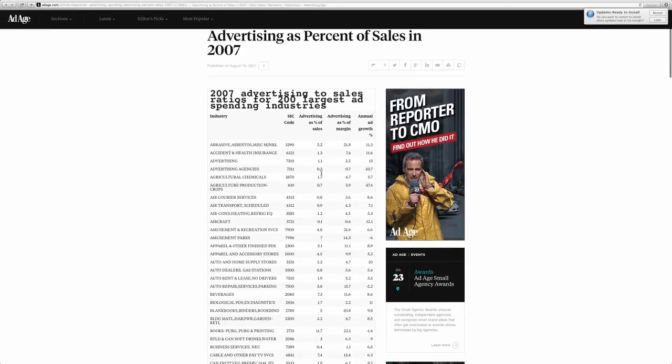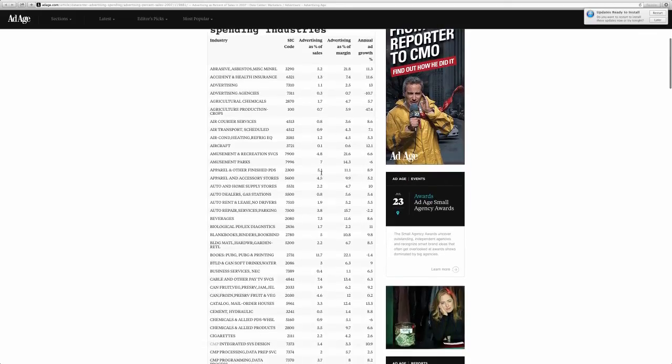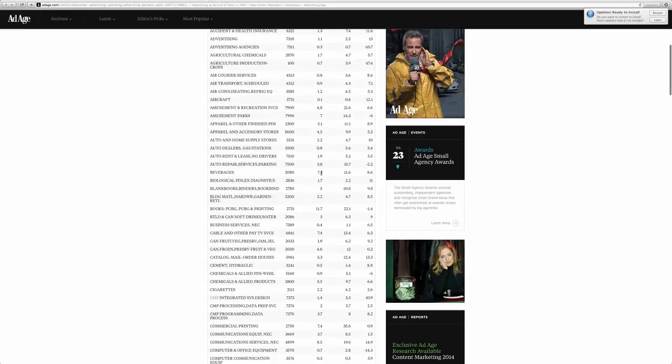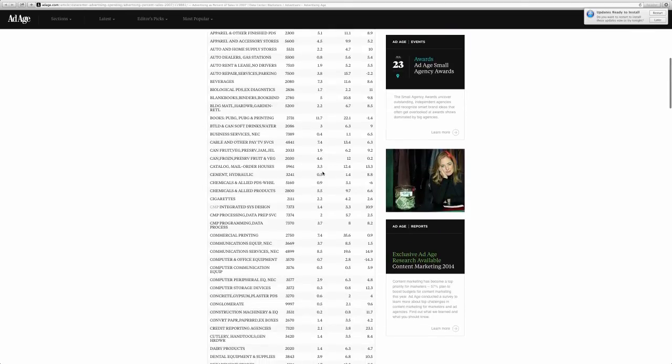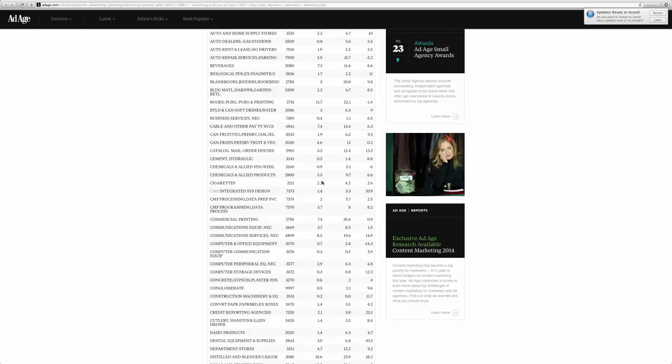Let's look at some examples here. If we were to look at beverages, we would see that beverage companies overall, on the average, spend 7% of their sales revenue on advertising or promotion. Let's look at cigarettes.